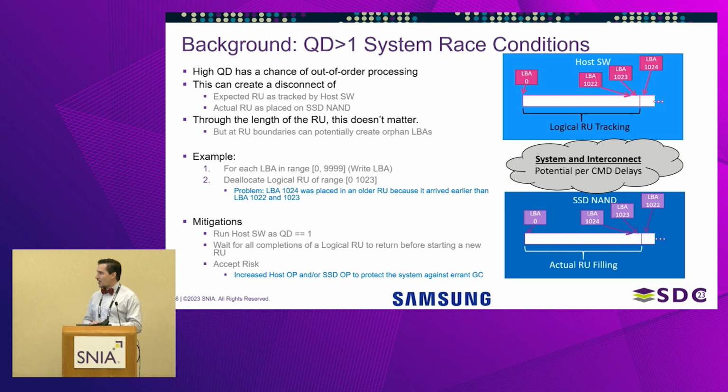It might be honest in its operations, but by the time it reaches through the system and reaches the NANDs, right? This box down here on the bottom is the SSD NANDs. It's not even the SSD controller. By the time that write actually happens, it may have been out of order. I've diagrammed here where LBA 1024 actually ended up being written to the NANDs before some delayed LBA 1022 and 1023.